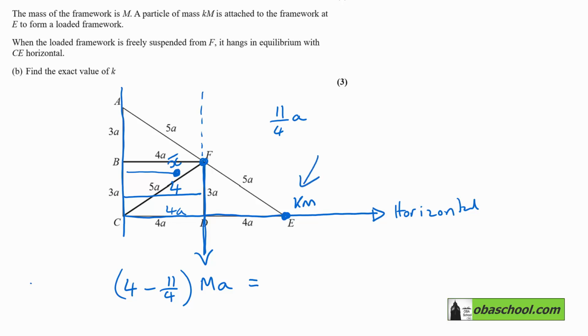Now the moment of km, which is going to be in the opposite direction, so we can just put it on the other side of the equal sign, is going to be 4kMa. Remember, the mass is kM, and the distance from F is 4a.